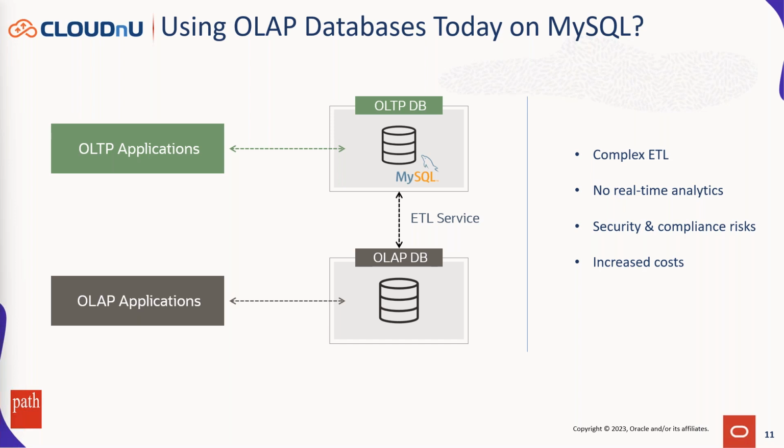Here's the problem. It takes a while to write this application, and usually they run it once or twice a day. So by the time the data is in the analytic database, it is still.